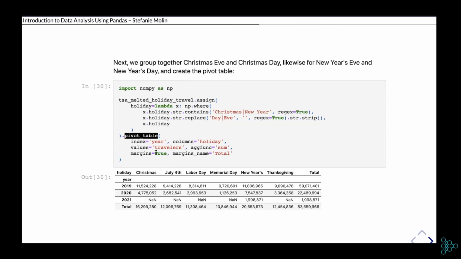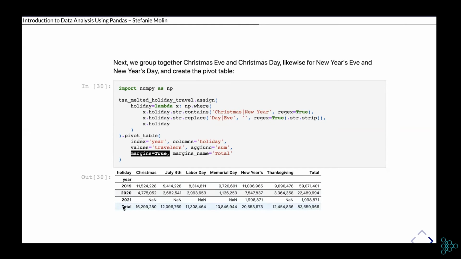Next, we call pivot_table, and this part should look familiar to what we had before. We have the unique values of the year in the index and unique values of the holiday column in the columns. We are aggregating the sum of the travelers in each of the cells, and these next two lines are new. The first one, margins equals True, tells Pandas that we want total columns, subtotals.